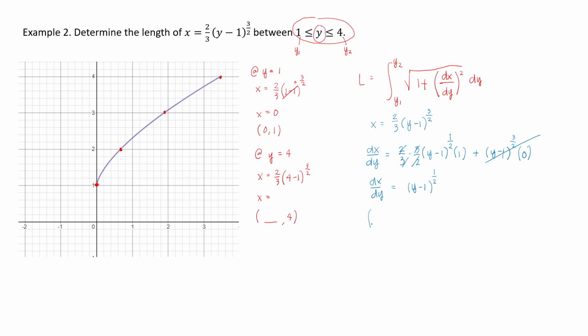And then getting the square, this is now (y minus 1) to the power of 1 half and then squared. So meaning (dx over dy) squared is just equal to y minus 1. So you may now use the formula.